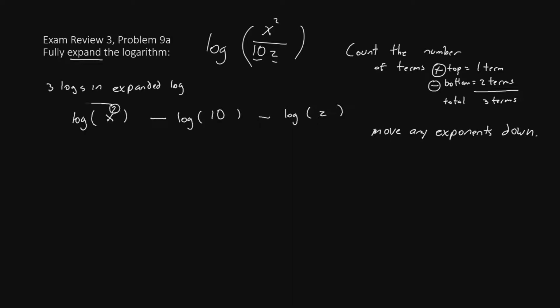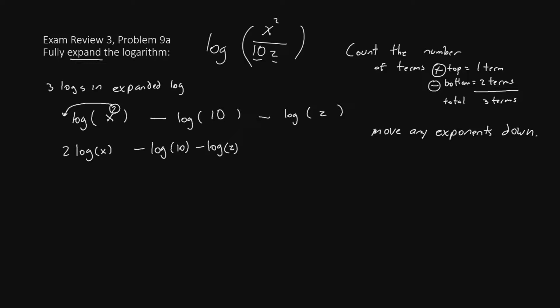So this square can come down to the front. I don't see any other exponents here, so we'll have 2 log of x minus log of 10 minus log of z.